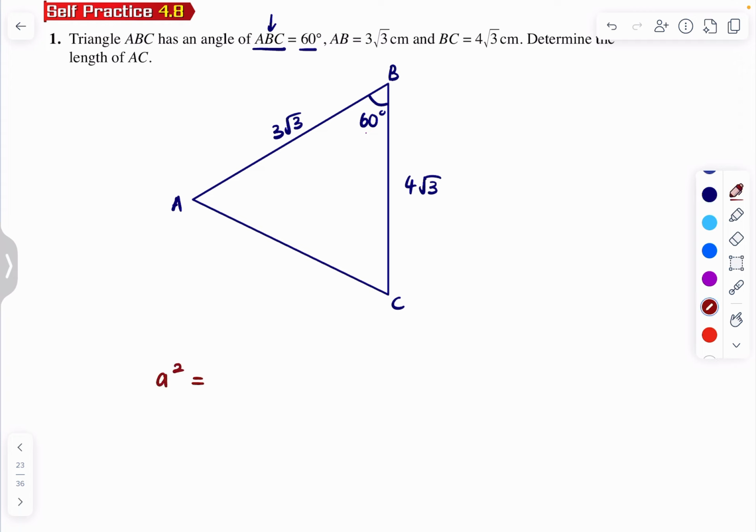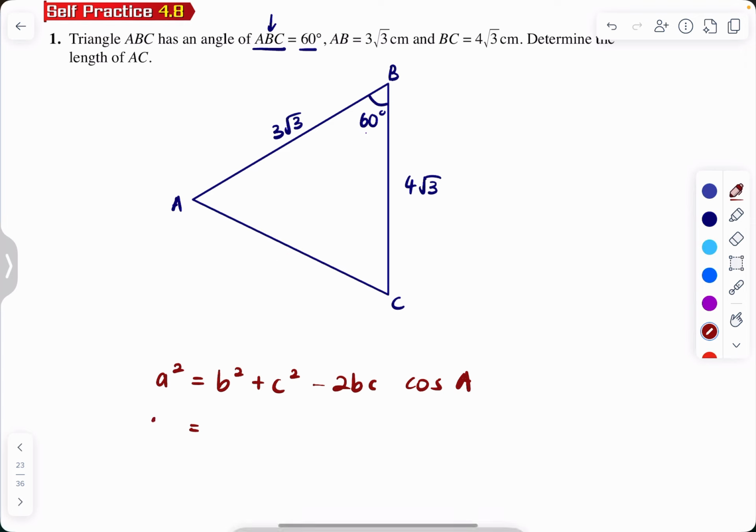It says a square is b square plus c square minus 2bc cos A. So if this is angle A, this will be length a. There is only one angle in this formula, so this has to be angle A, this has to be length a. So AC square, the other two, b and c, don't matter, can be anything.